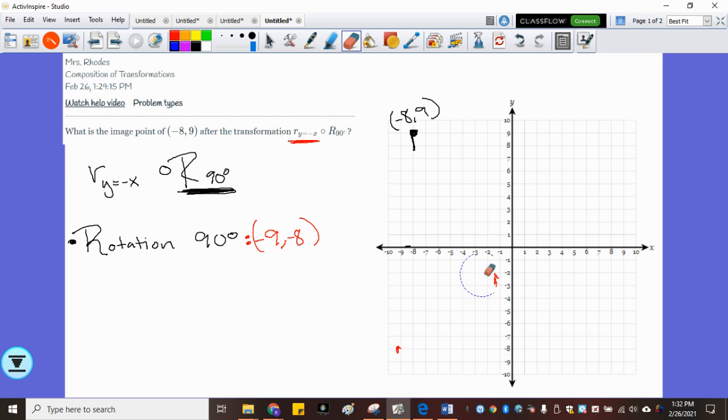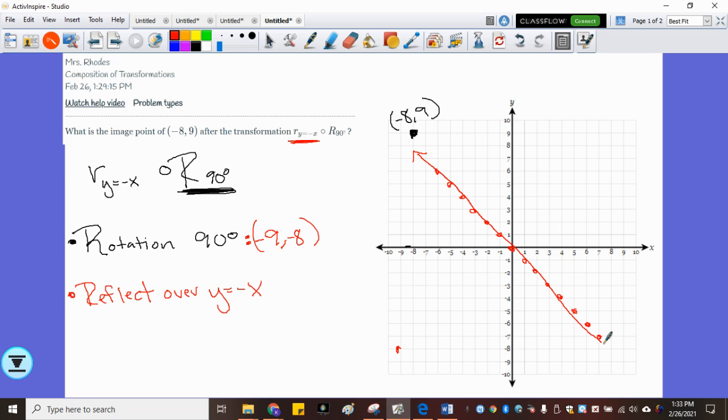So I'm going to reflect my red point over y equals negative x. So negative x: start at 0, 0, slope of negative 1, down 1 over 1, up 1 over 1. Okay, so there's my line I'm reflecting over.